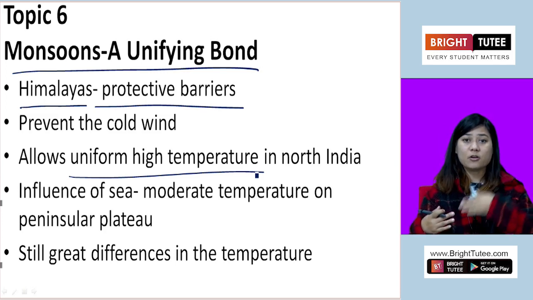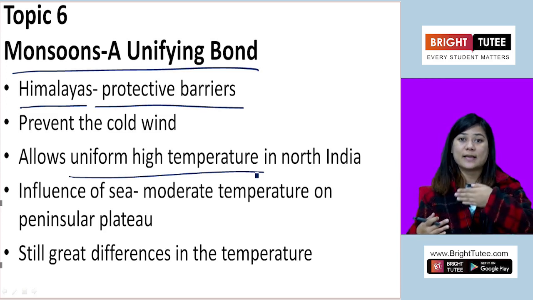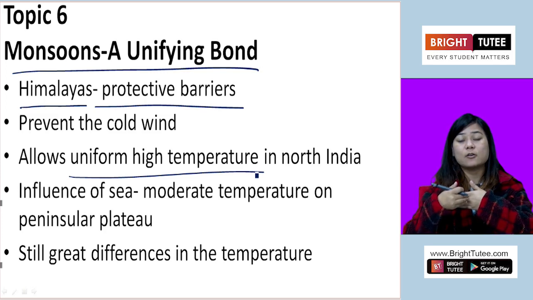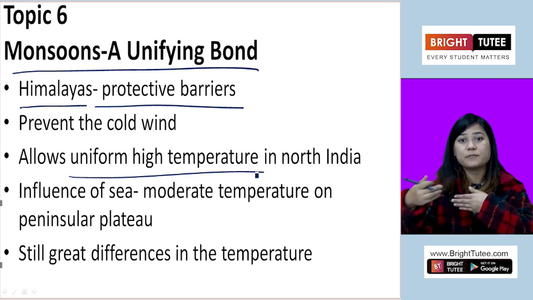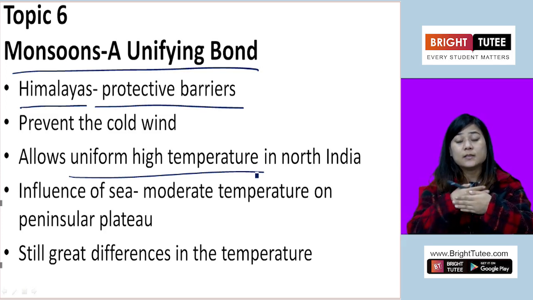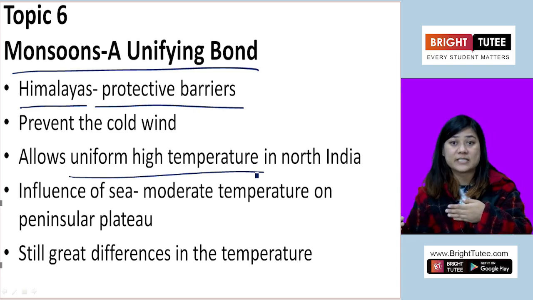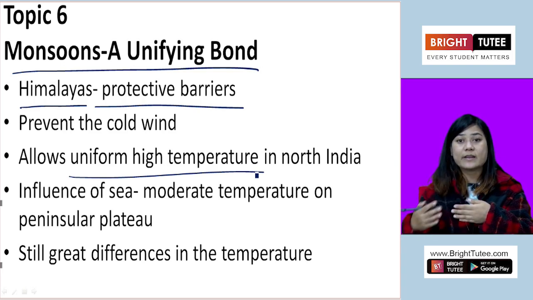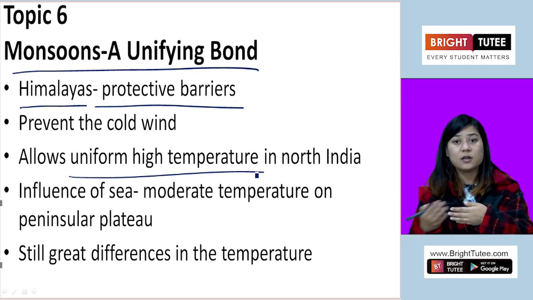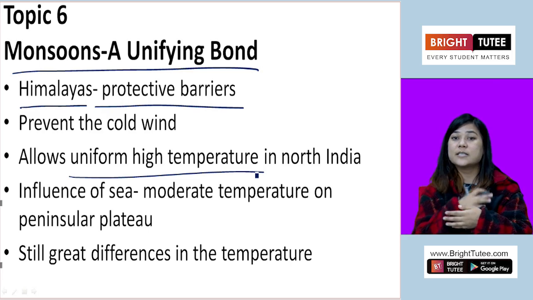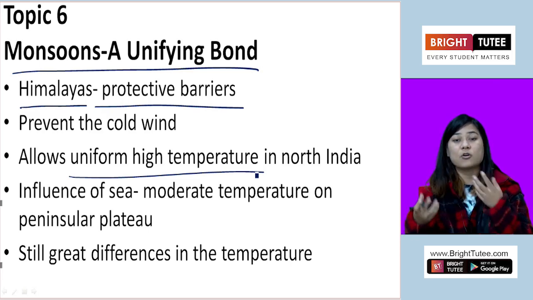Okay, but because the Himalayas act as a wall preventing the cold wind coming from the north, the area which lies at the foot of the hills, the northern part of India, has high temperature, and that temperature is also quite uniform.